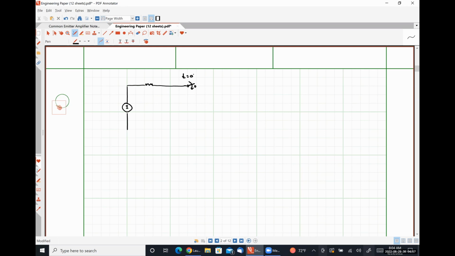Say for the sake of argument that our switch is going down like this. We have some resistor R, some inductance L, and some capacitance C, like so.